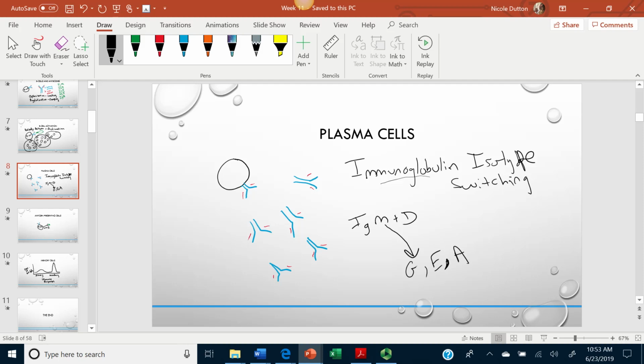Isotype, so it's a similar type. Switching, so it switches. We initially have IgM and D on the surface of our B cells. But once our B cells turn into plasma cells and start pumping out antibody, they're going to pump out soluble antibody in the form of G, E, or A. If it's in the blood, it's going to be G. If it's in response to a parasitic infection or an allergy, it's going to be E. If it's in a mucosal surface, it's going to be A.